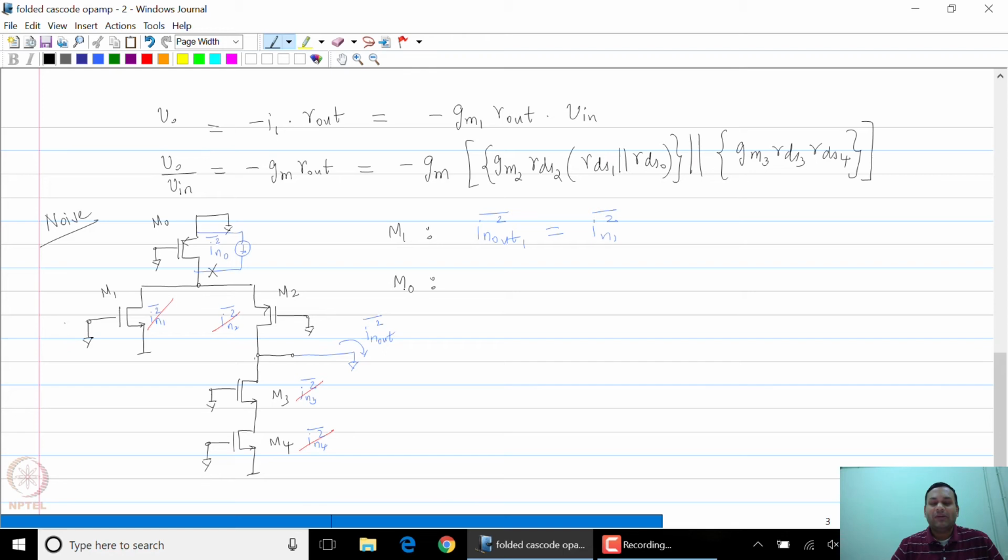And as you can see purely from the circuit topology, IN0 looks exactly the same as IN1 squared. You should expect that IN0 squared also has 3 paths to flow through. The first one is through RDS1, the second one is through RDS0, and the third path is the impedance looking in at the source of M2. So therefore, you should expect that IN out 0 squared should be equal to IN0 squared. This is the second component of noise.